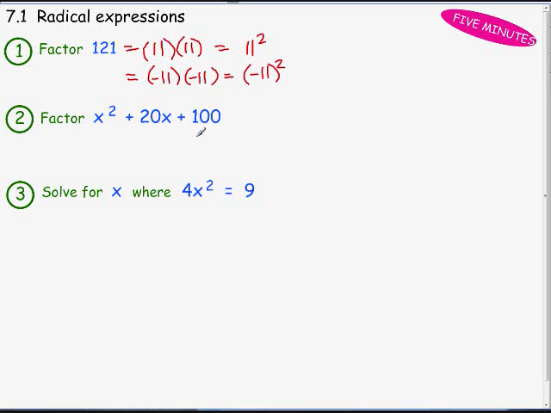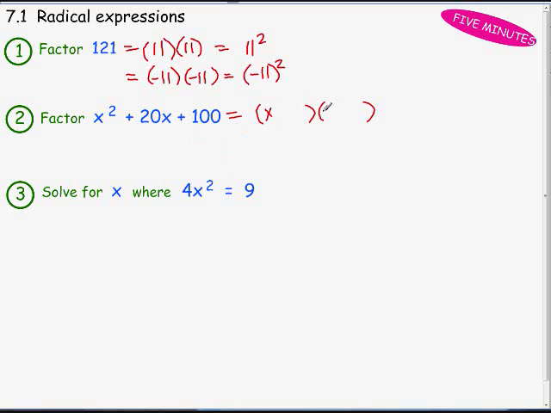Can we factor this? Well, here we have a quadratic trinomial, 1, 2, 3 terms. We know that those often can be factored into two binomials.